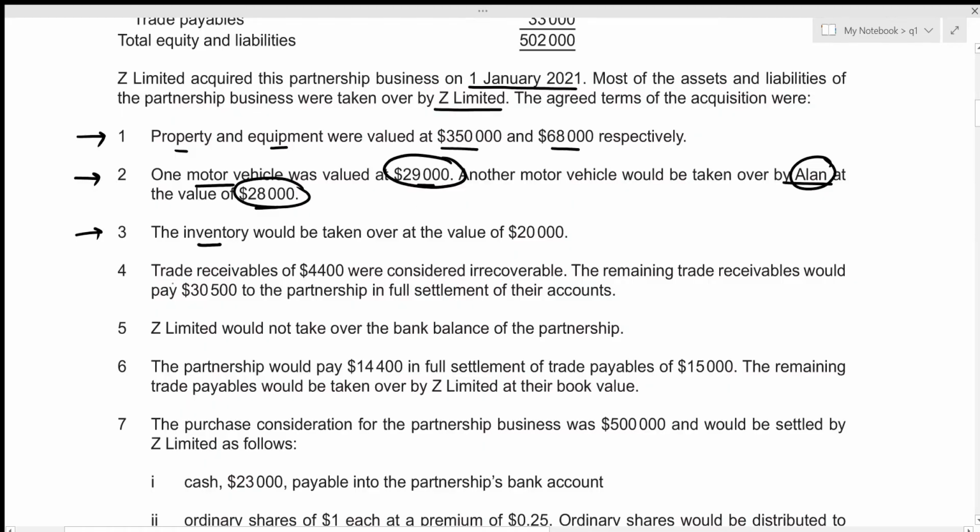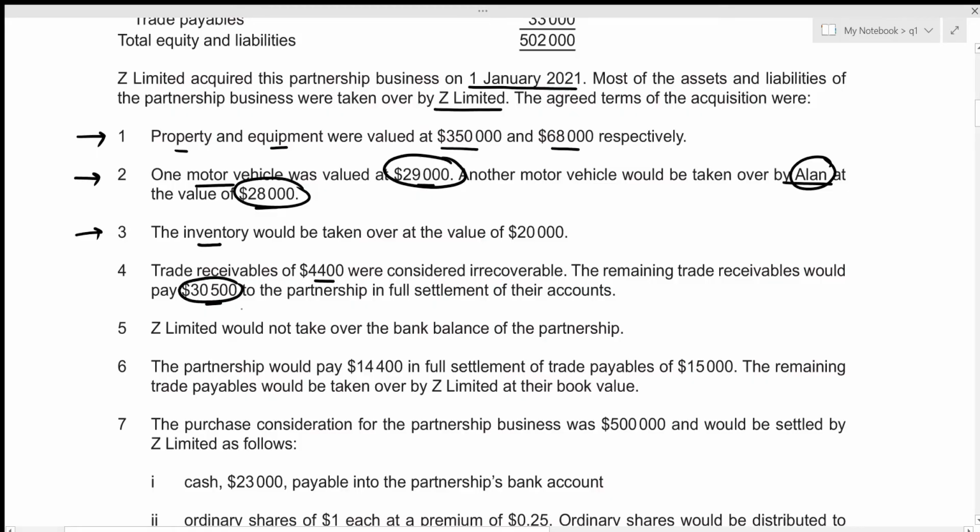Then we are also told that trade receivables of 4,400 were considered irrecoverable, and the remaining trade receivables would pay 30,500 to the partnership in full settlement of their accounts. Here we can ignore the irrecoverable debt of 4,400 and say that all of the remaining trade receivables will be settled at the value of 30,500, right?